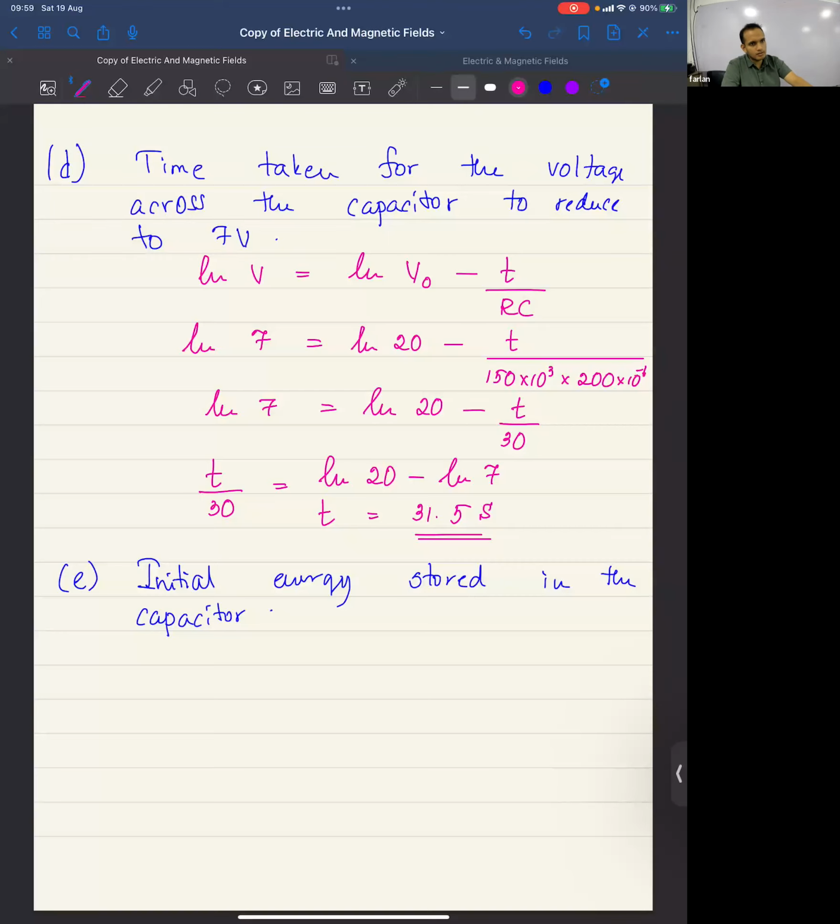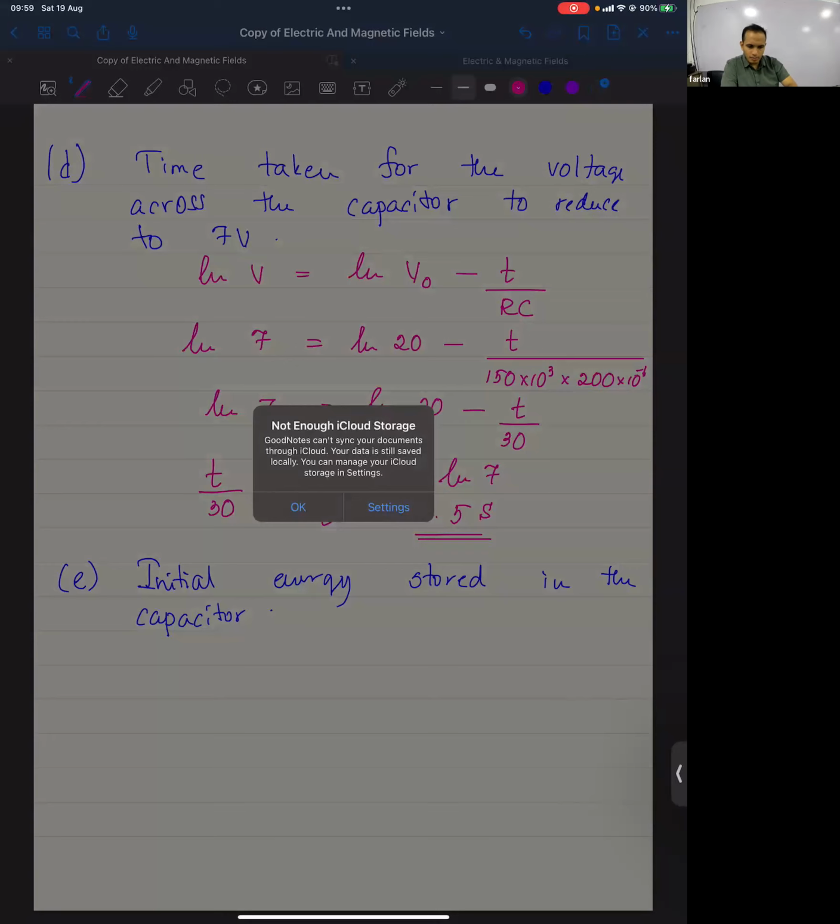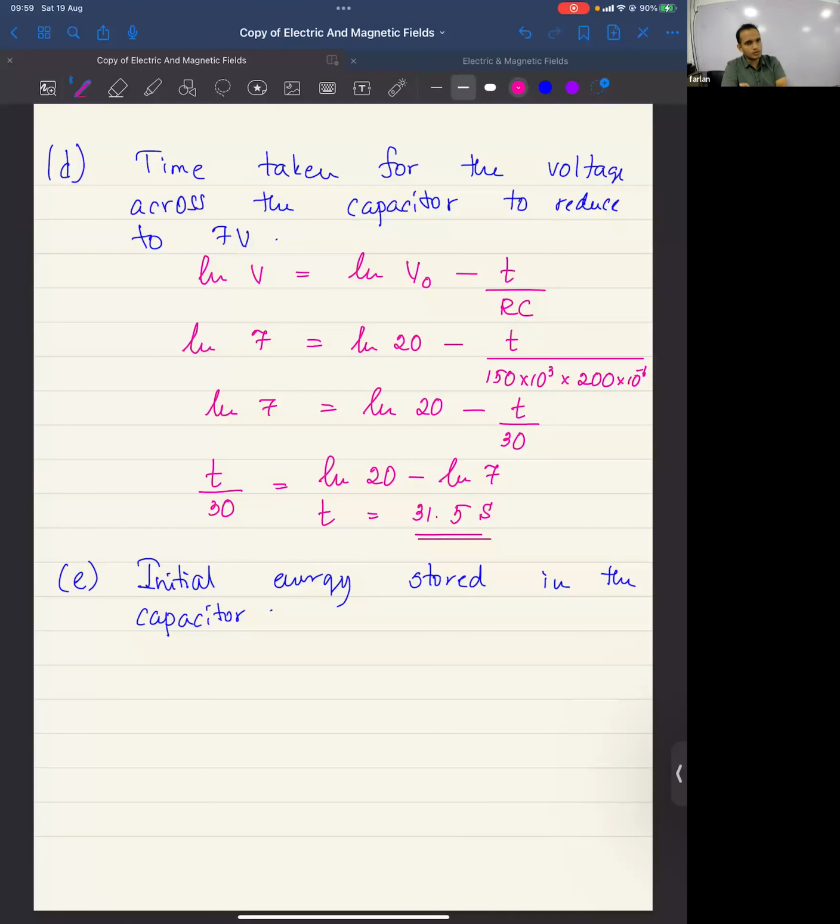Time taken for the voltage across the capacitor to reduce to 7 volts. So the time taken for the new voltage to be 7.